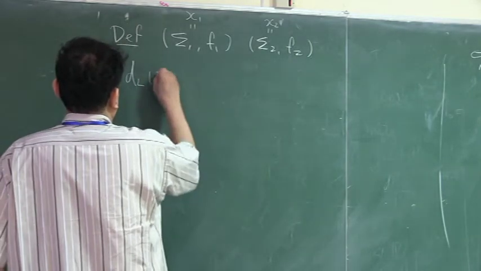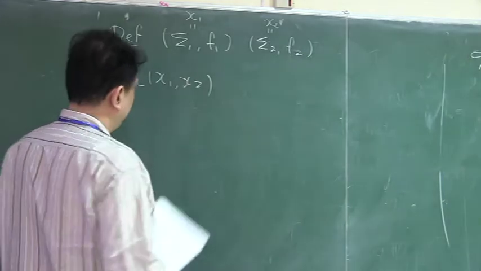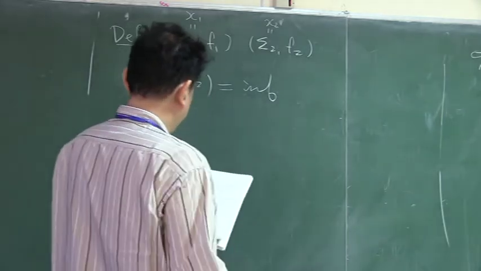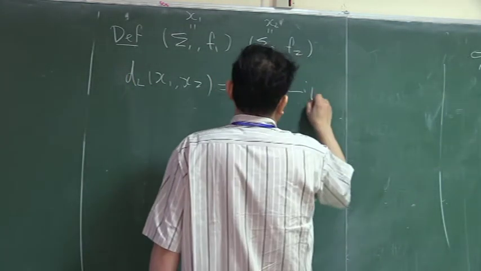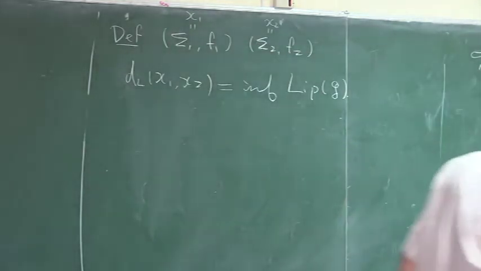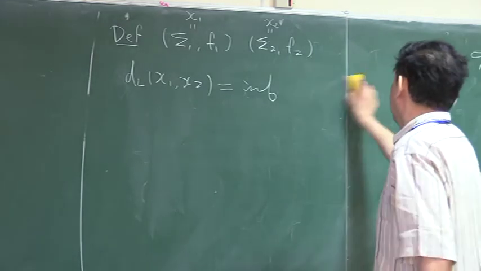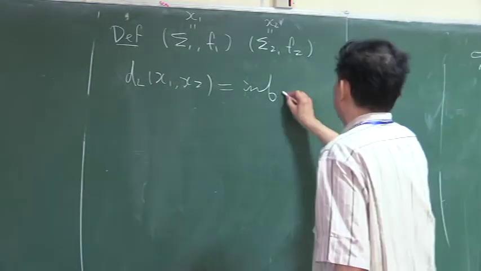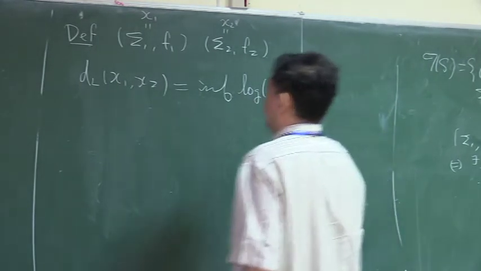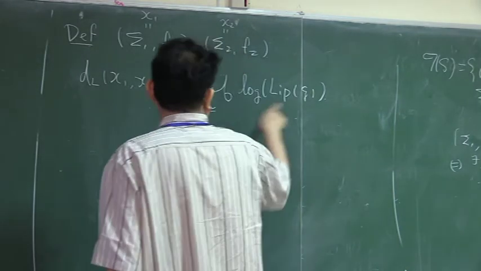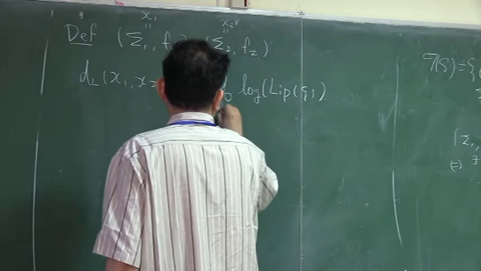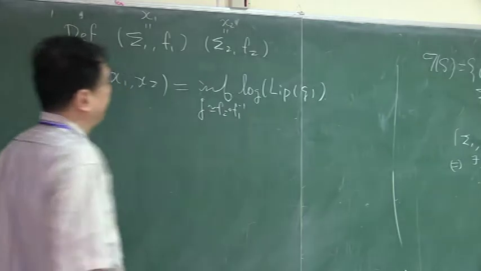We define the distance between them to be the infimum of the log of the Lipschitz constant of G, where G is a homeomorphism homotopic to the identity map.